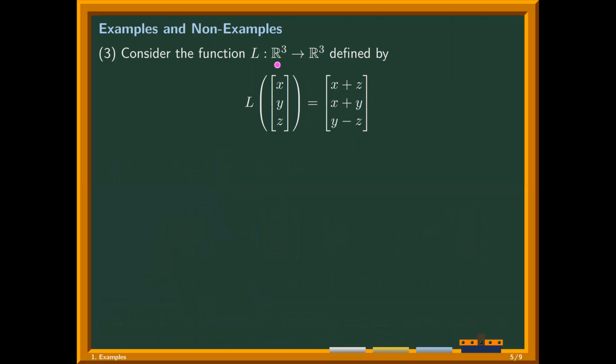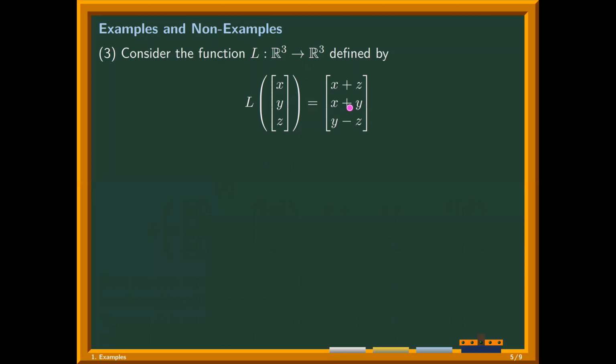Okay, so consider now L from R3 into R3, defined as follows. L of an arbitrary vector in the domain will be mapped to the 3 vector in the codomain whose first component is the sum of the first and third components.